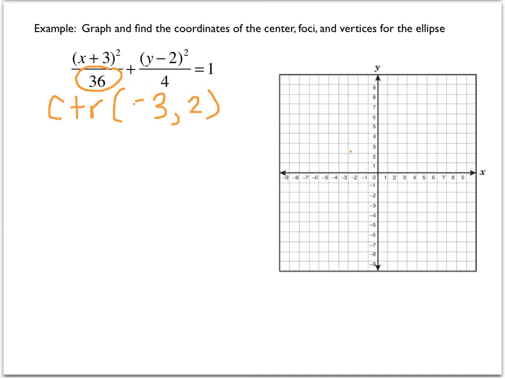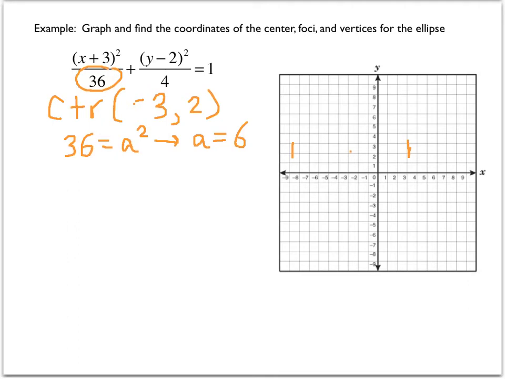So if 36 is A squared, that means that the A value that I'm interested in must be 6. So I count 6 units away from that. So 6 going to the right will take me to positive 3, and 6 units to the left will take me to negative 9. That's my major axis right along there.